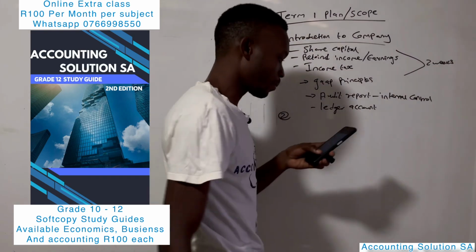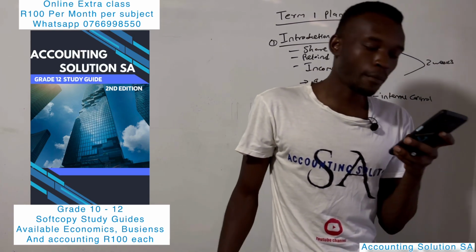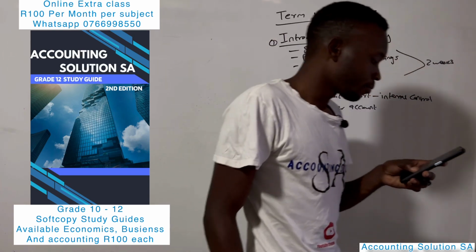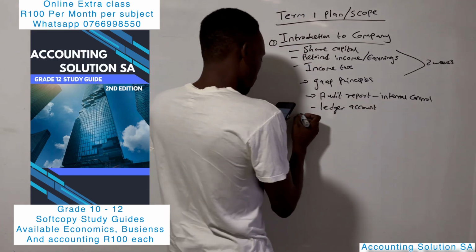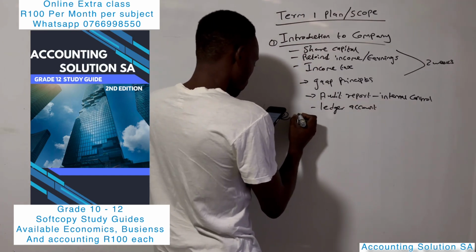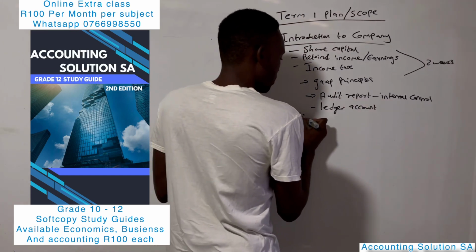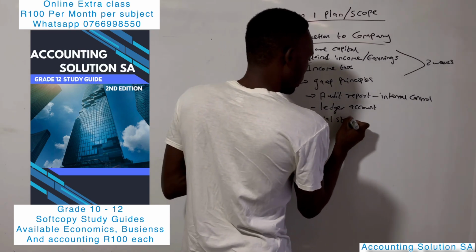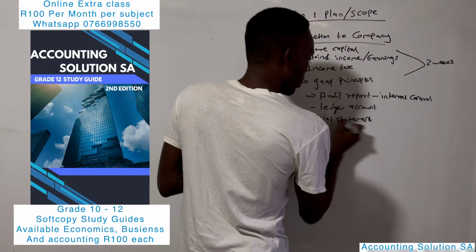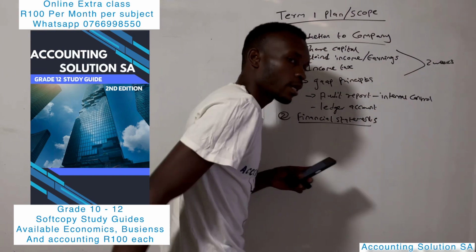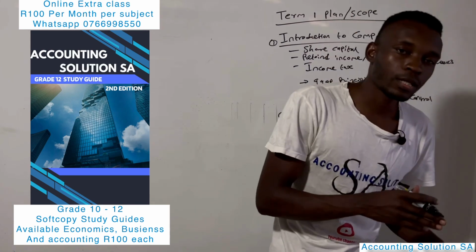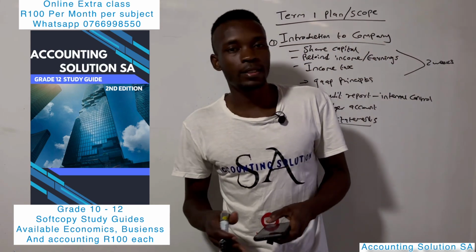And the second chapter is also company. Everything for term 1, guys, is a company. Under topic number 2, you are expected to know financial statements. Once we talk about financial statements, you know that we are talking about the income statement and the balance sheet.